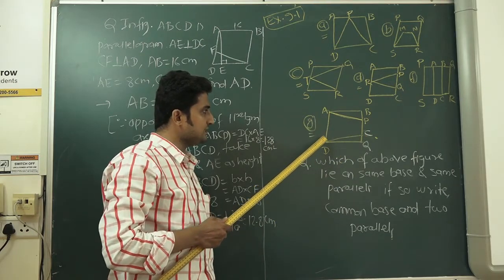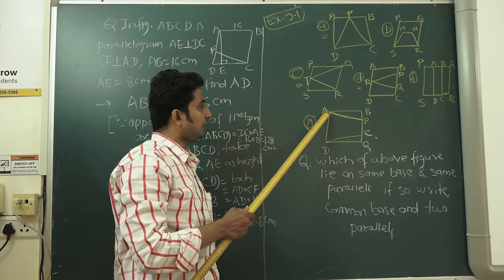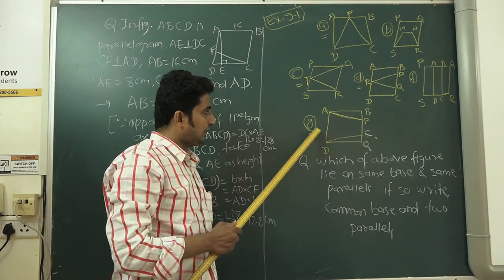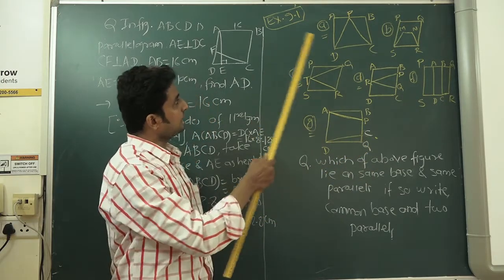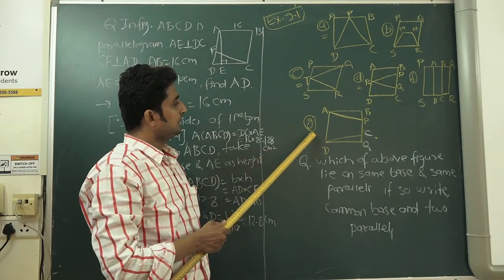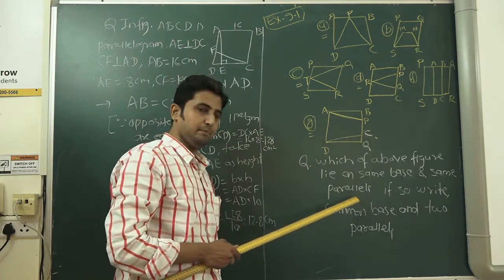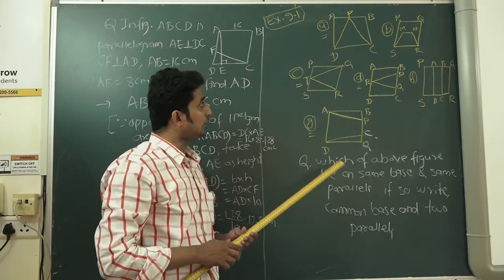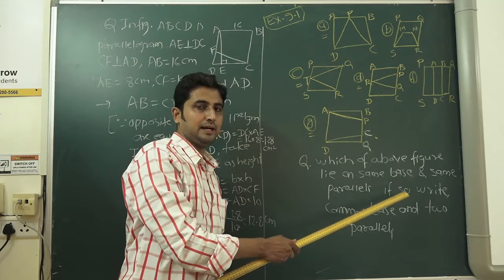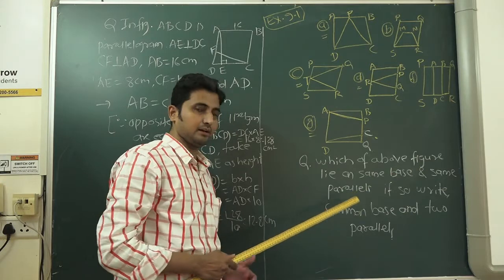So AD is the common base, and this side AD is parallel to BQ. Now figure G. Out of these, A, C, G will satisfy the common base and same parallels. That's why only these three figures will satisfy this condition, and we can say that they have the same base and the same parallels.